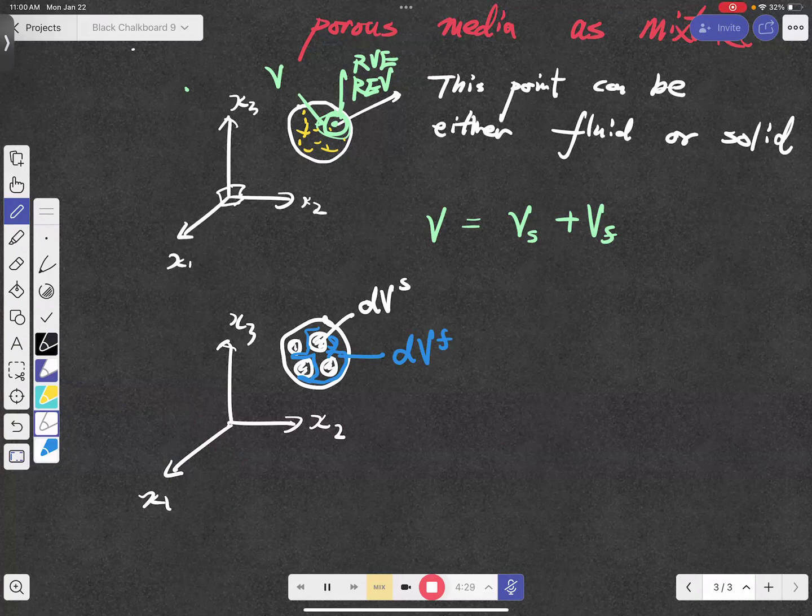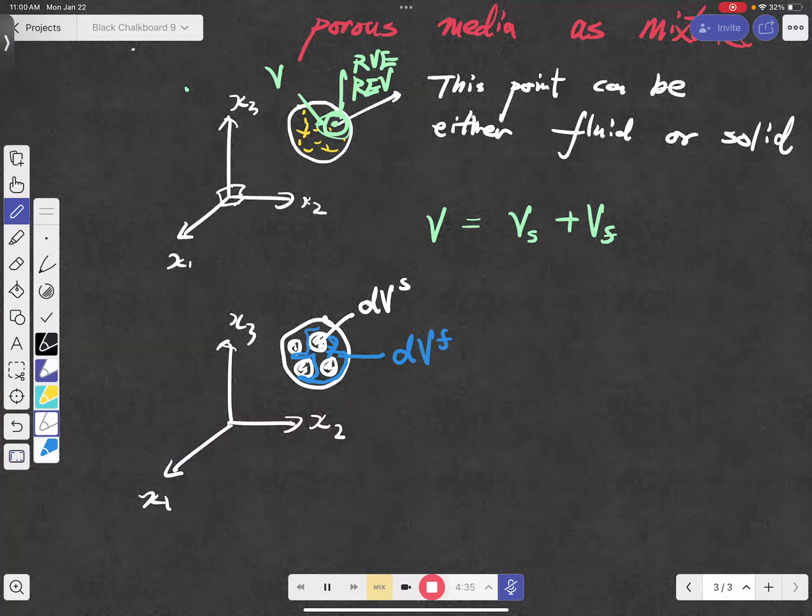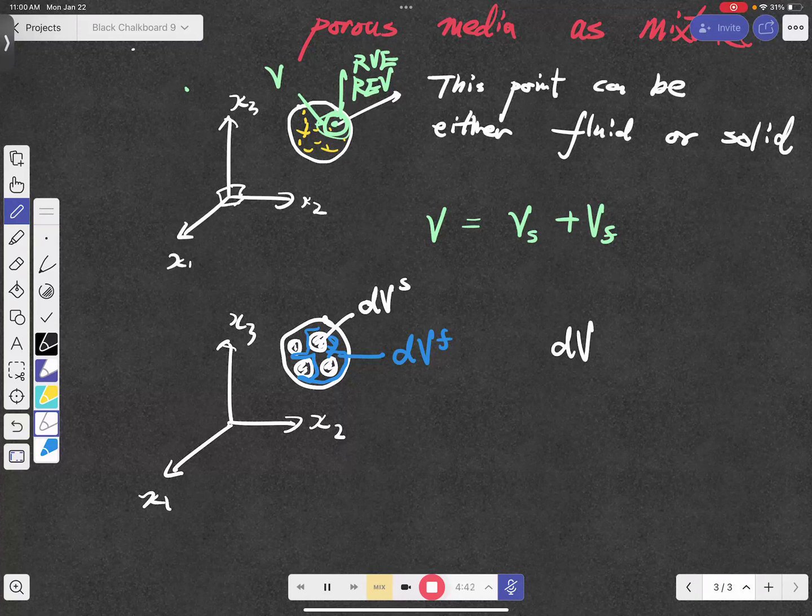So in the infinitesimal change, if I sample a very small volume, but not smaller than the individual material point, I will have dV = dVF + dVS. It is like the earlier relation, but in an incremental form. So far so good.